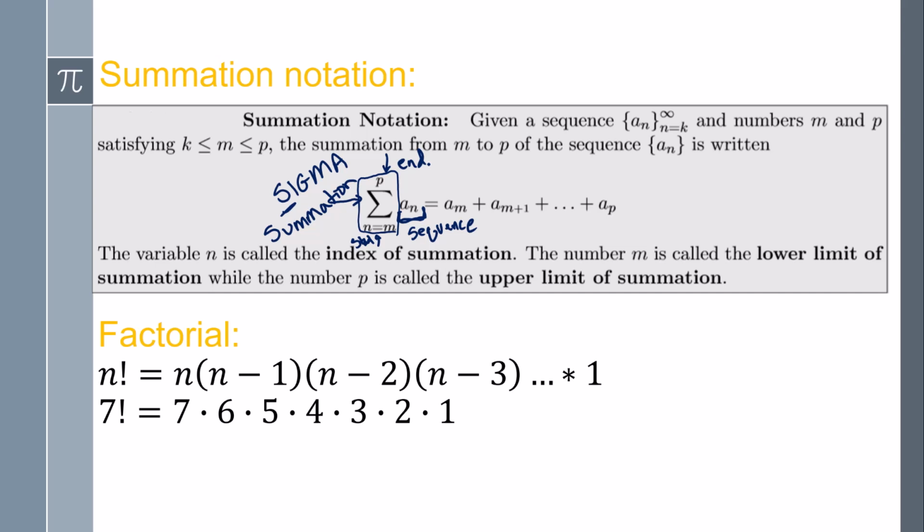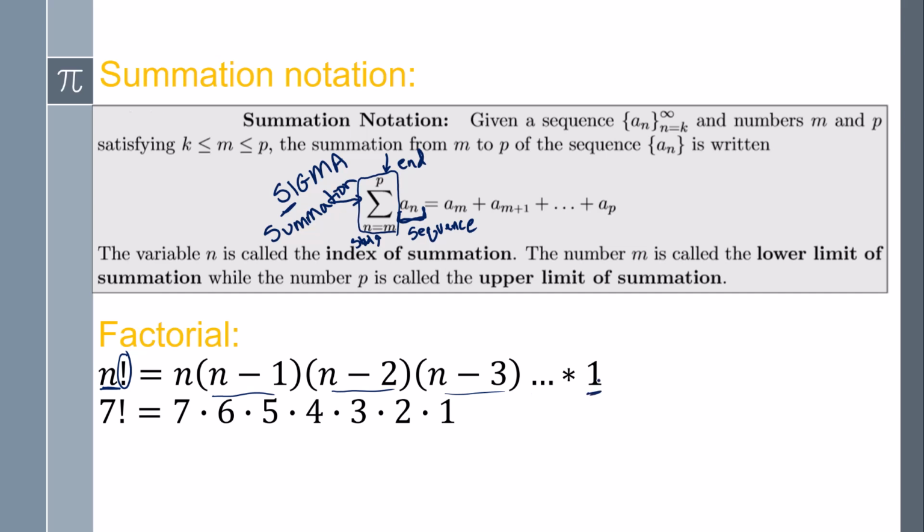The last little thing I want to mention is we're also going to introduce this notation called a factorial. You can tell it's a factorial because of this exclamation point. You start with that factor, and then you multiply each factor counting down by 1, all the way until you have 1.